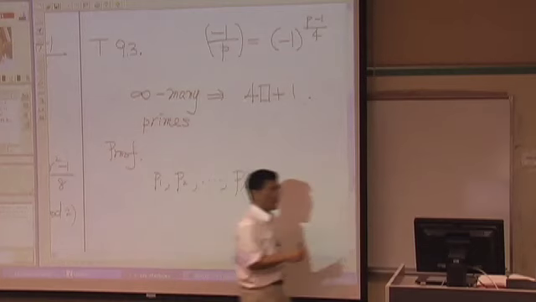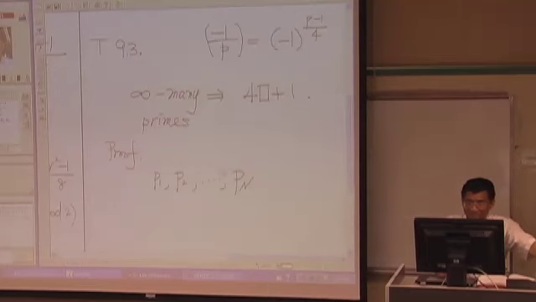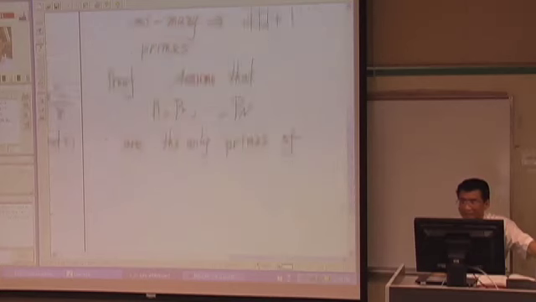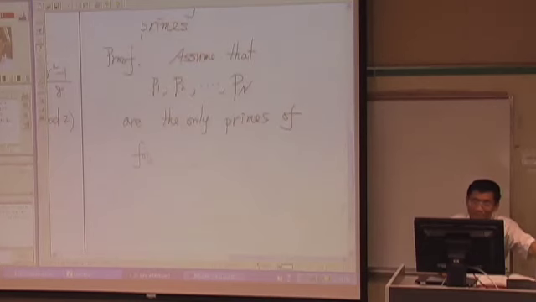So assume not. Assume not means assume that these are the only possible primes of the given form, 4 multiplied by something plus 1.